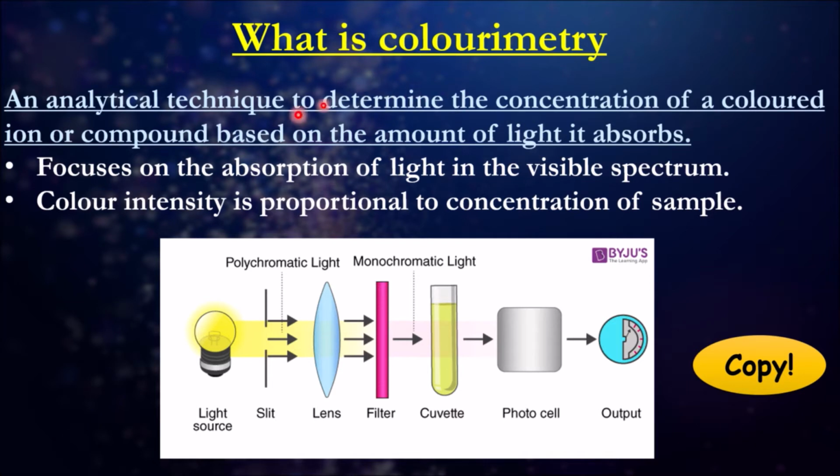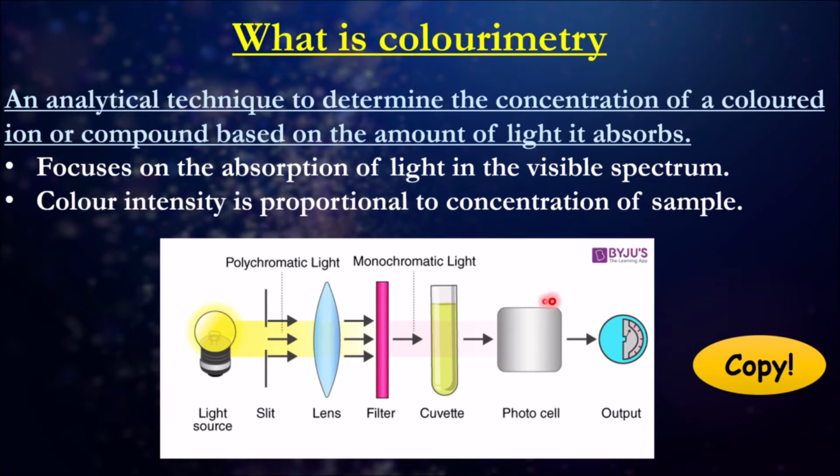So, to start off with, colorimetry is an analytical technique to determine the concentration of a colored ion or compound based on the amount of light it absorbs. It focuses on the absorption of light in the visible spectra, so the entire rainbow. The color intensity will be proportional to the concentration of the sample.